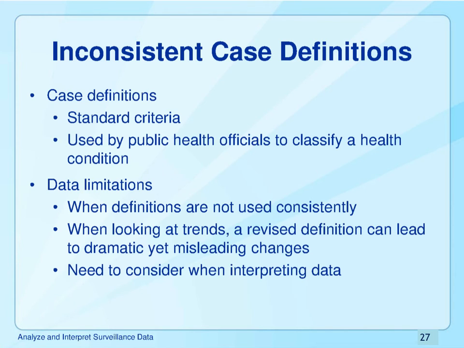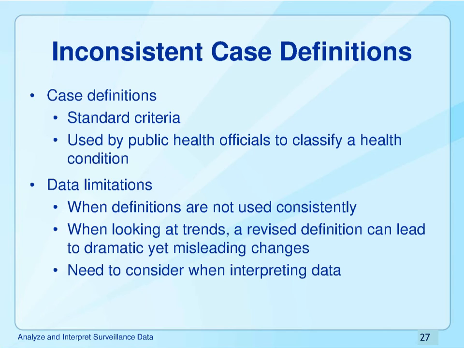Now, one other element to this concept of representativeness. Inconsistent case definitions can also be an example of representativeness not being present. Case definitions use a standard set of criteria to ensure that all disease reporters are reporting the same condition.